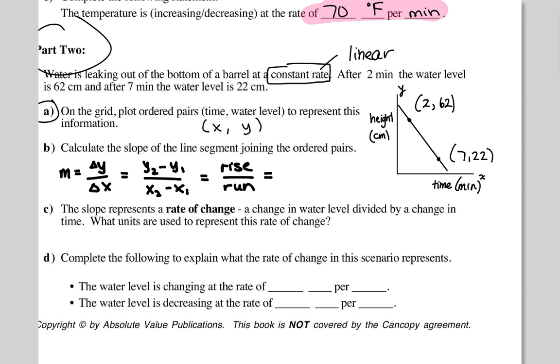Okay, let's plug in. Where could I find Y2? And how do I always say the second point is to the right? Good. So where's Y2? Good. And where's Y1? Good. So Y2 and Y1 you can sub in now and you get 22 minus 62.